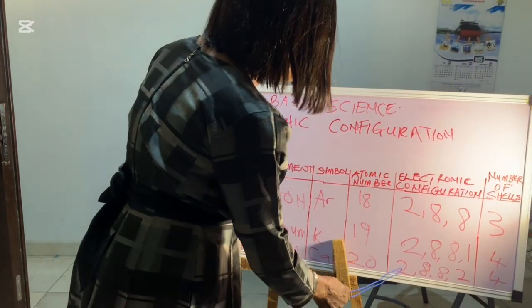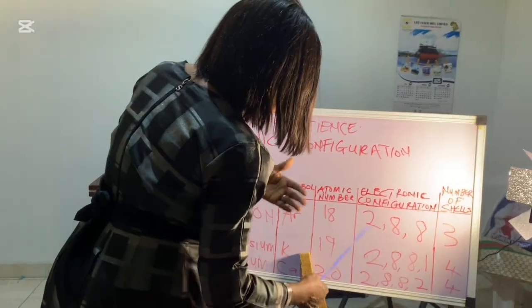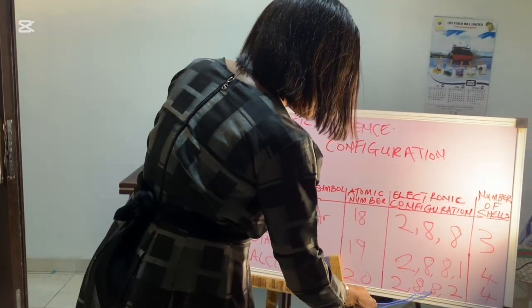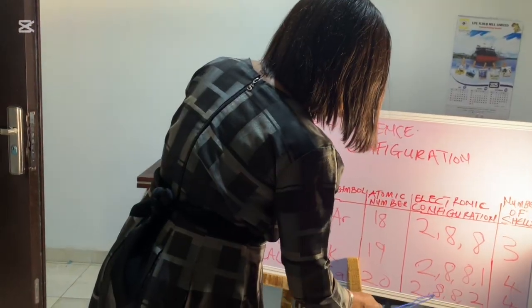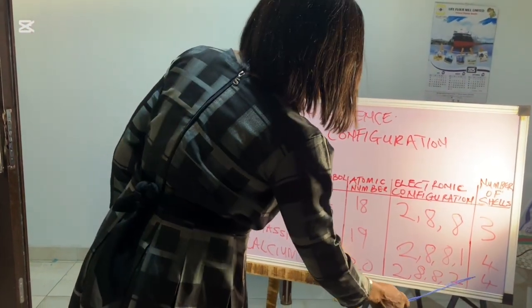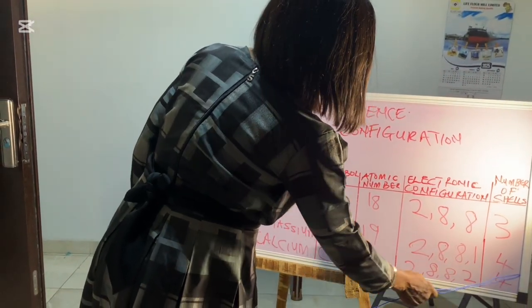According to the rule, the innermost shell will take 2, which is the maximum. Then the next shell takes 8, which is the maximum. The third shell takes a maximum of 8 also. When you say 2 plus 8 plus 8, that's 18. The remaining 2 will go to the fourth shell, and that means that calcium has 1, 2, 3, 4 shells.